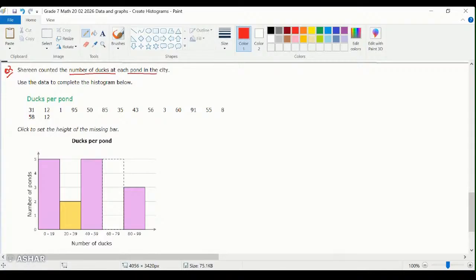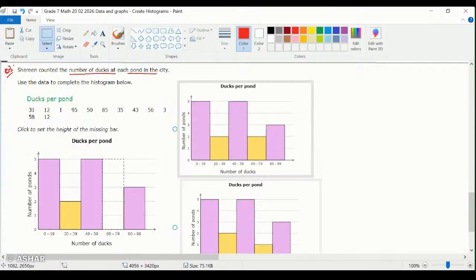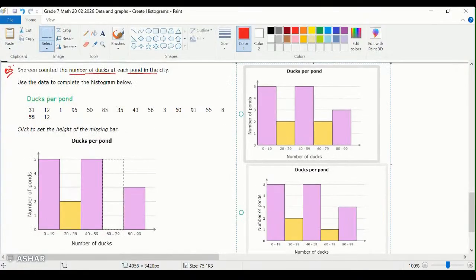Let's see what information has been provided. Two options are given to us, option A and option B, and we need to select the correct one.